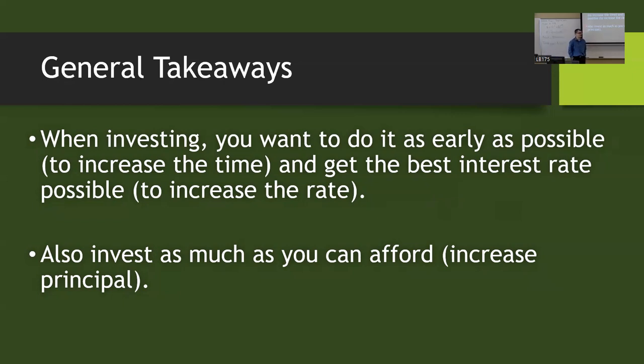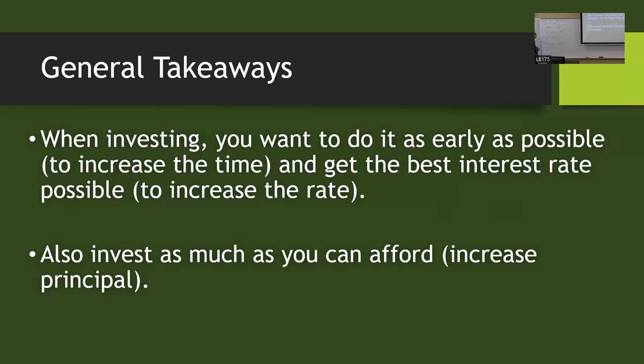They'll also say, well, let's get the best interest rate possible. Let's not go bury your money in the jar in the backyard, right? Let's put it in the stock market, or probably a pretty diversified portfolio, or let's put it in bonds or something like that. What that is doing is increasing the R. They're trying to increase the R by putting it into things that will yield some money.